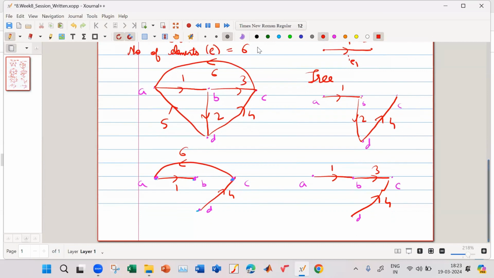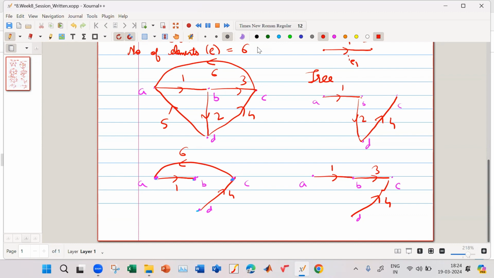So like this, how many possible combinations can you make? One, two, three, four, five, six combinations. Only six.